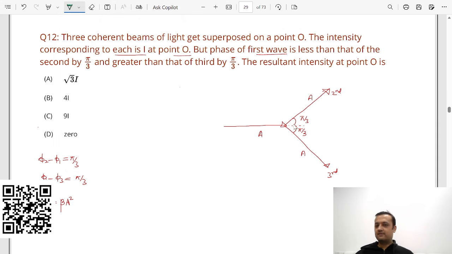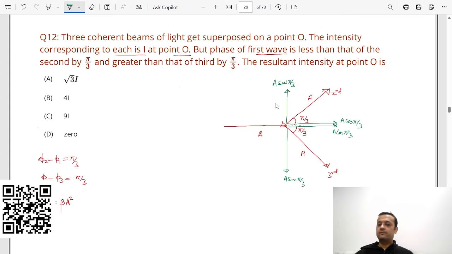If you look at the second wave, its x component will be a cos pi by 3, and its y component will be a sin pi by 3. For the third wave, its x component will be a cos pi by 3, and the y component will be a sin pi by 3, but in the downward direction.